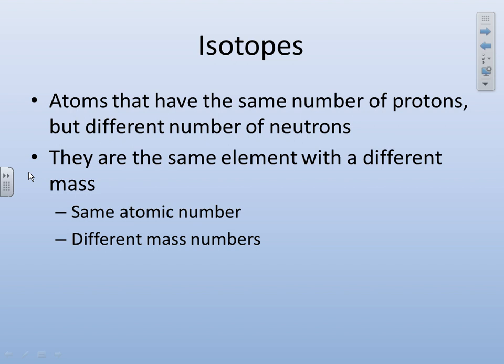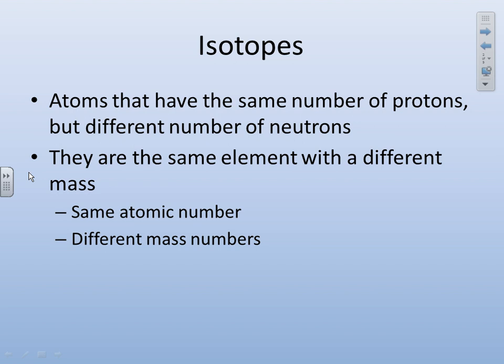Like Andrew said, number of protons identifies that atom as a certain kind of element. But what we find out is that there are atoms out there that are the same kind of element, but a different atom. They are not the same.